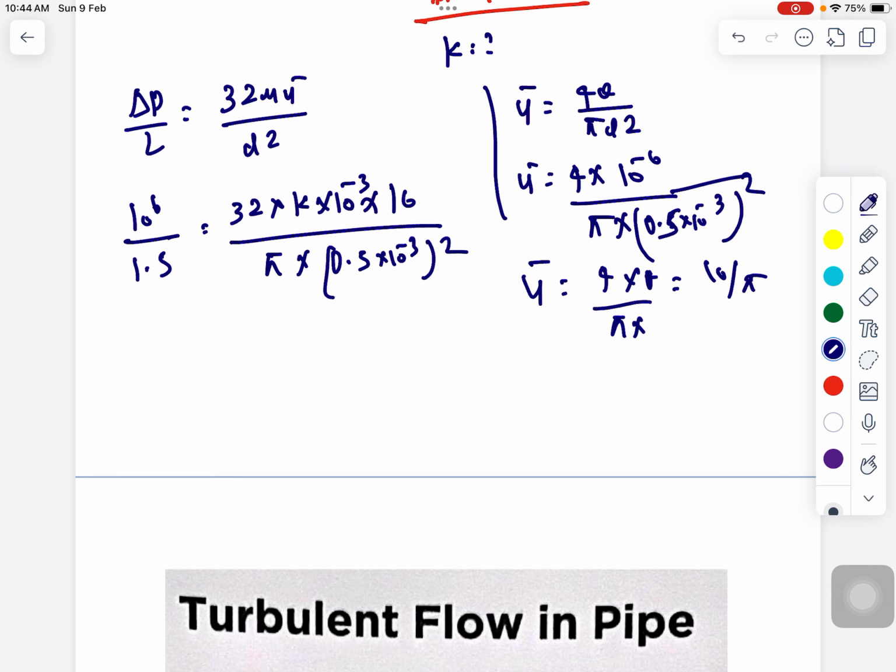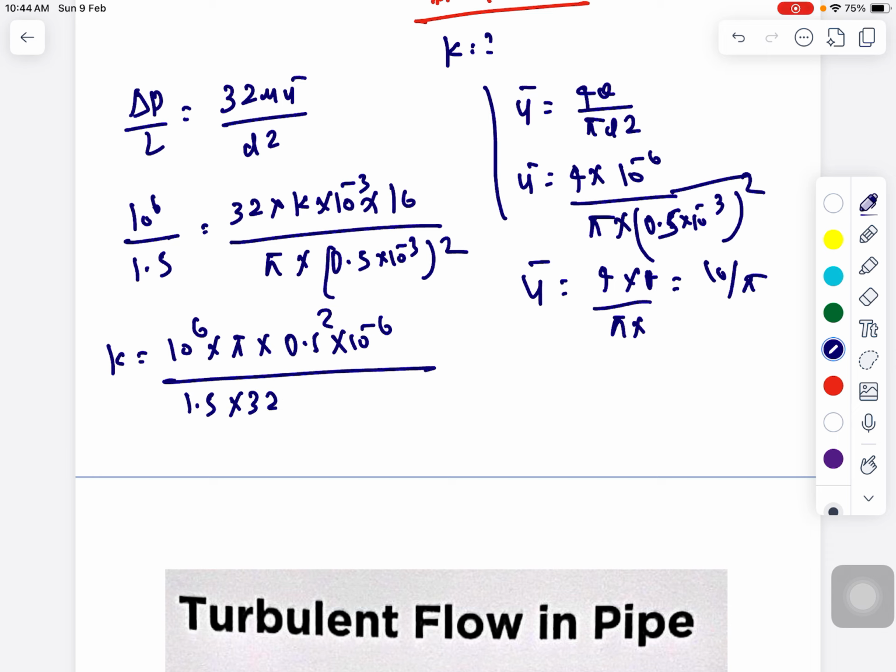Okay, so from here you can calculate the value of K, which will be equal to 10 to the power 6 into pi into 0.5 whole square into 10 to the power minus 6, divided by 1.5 into 32, multiplied with 16, something like that. So this will get cancelled out.